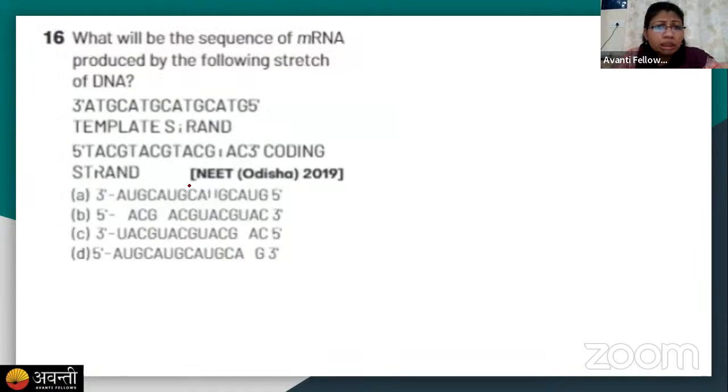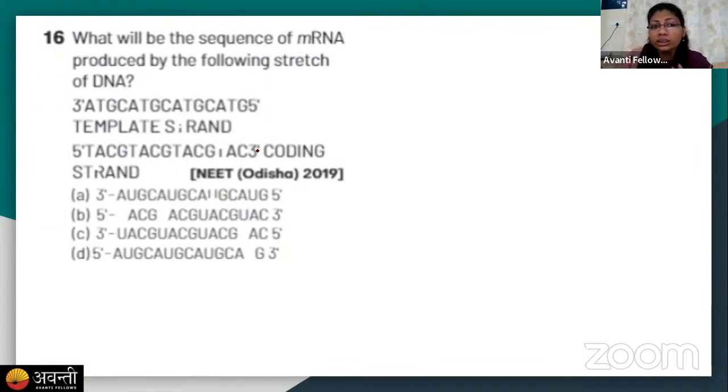Okay. Next, question 16 is asking, what will be the sequence of mRNA produced by the following stretch of DNA? Here two strands of DNA are given. One is the template strand and another is the coding strand. You have to find out which strand of RNA is complementary to the strand of DNA.